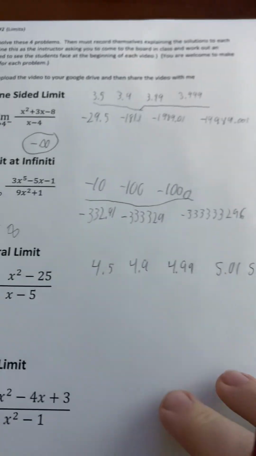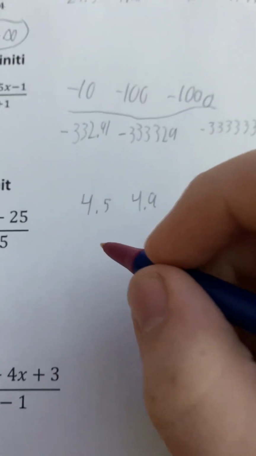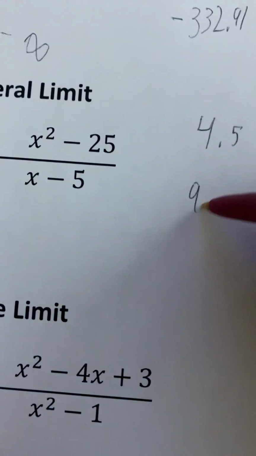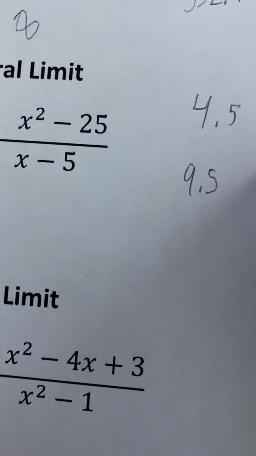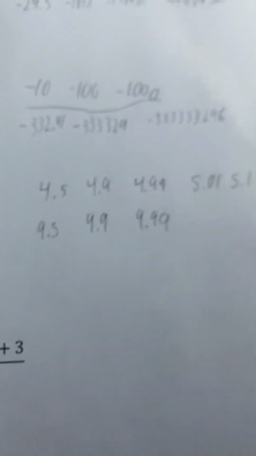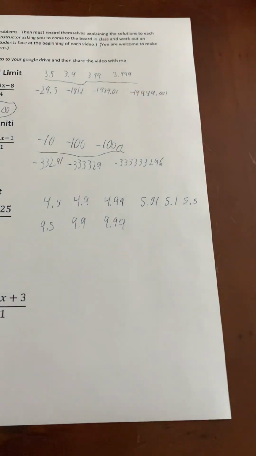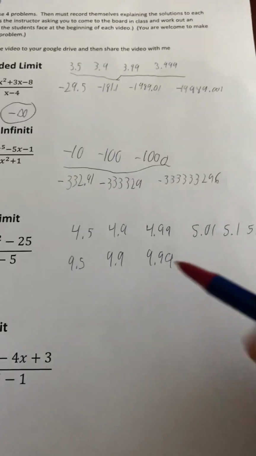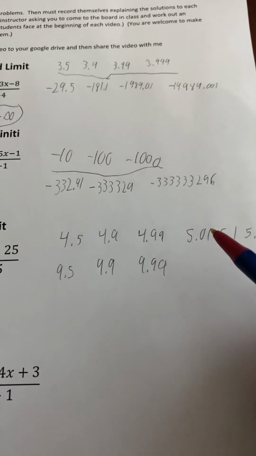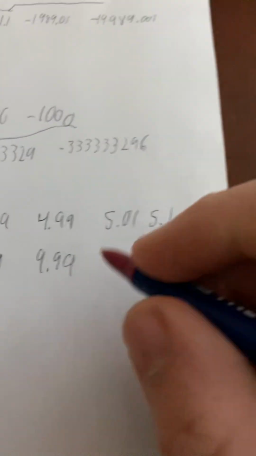After you do these, the values, coincidentally enough, will end up being 9.5, 9.9, 9.99. Oh, sorry, I need to hold the camera better. Those first three, you can see it's approaching 10, but we'll do the backside just to be safe.